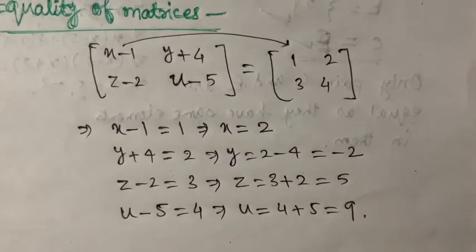By equality of two matrices, we had this one. On the basis of equality of two matrices, we will have many questions, and for the board point of view, it is important as well.